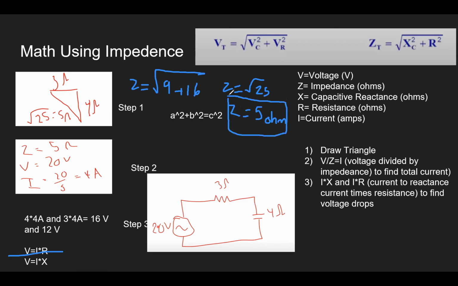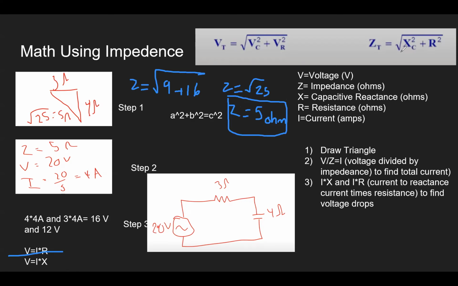That's the first part of this problem in the video, just solving for impedance. The way we solve for impedance is to take the reactance and resistance given in the problem, square them, add them together, and take the square root, using Pythagorean's theorem.